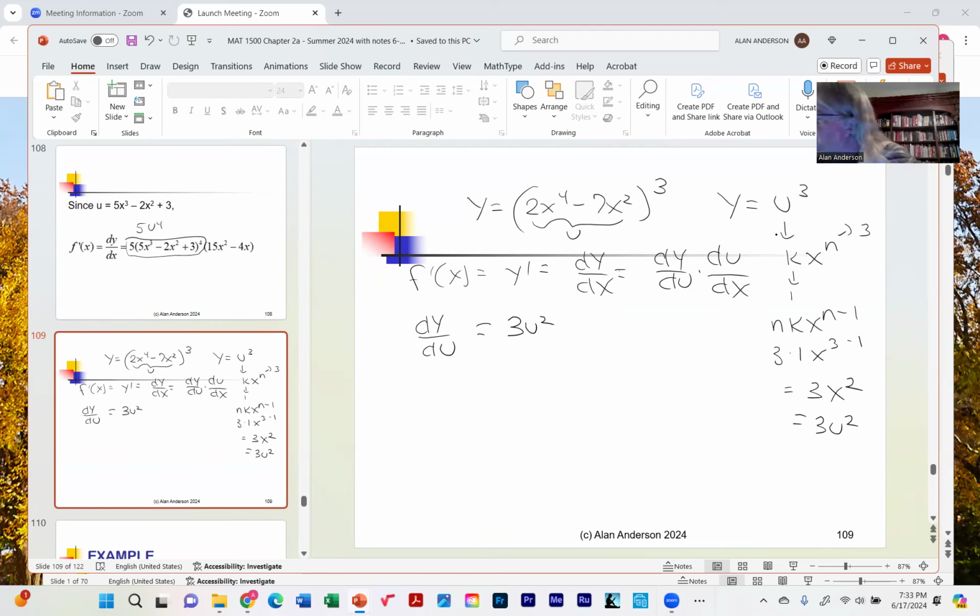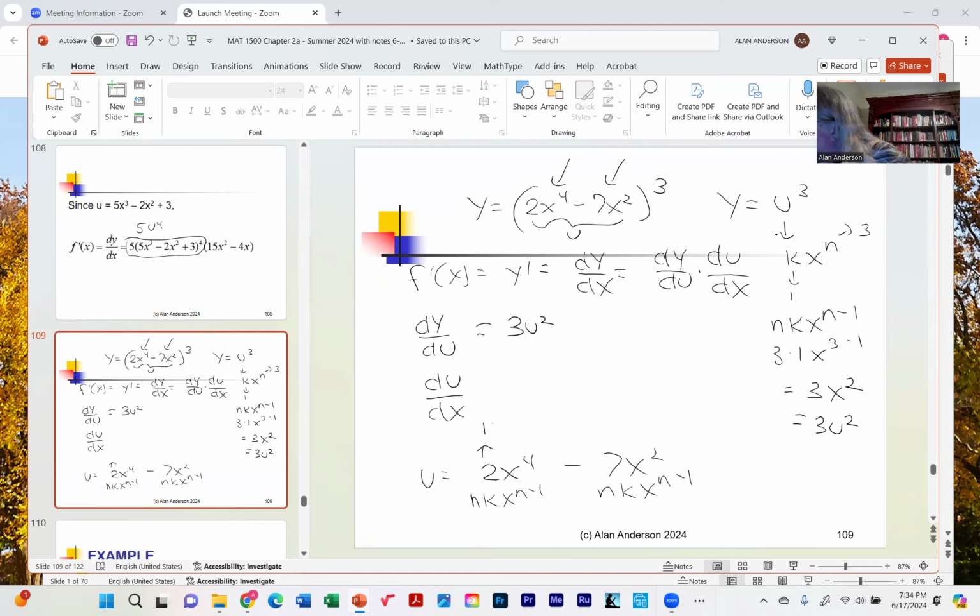Then we need du/dx. Here you've got two terms, both of which can have the power rule applied to them. Since u equals 2x to the fourth minus 7x squared, if you apply the power rule here, in this first case, here's k, here's n, and the same for the second term. Don't forget this is negative.